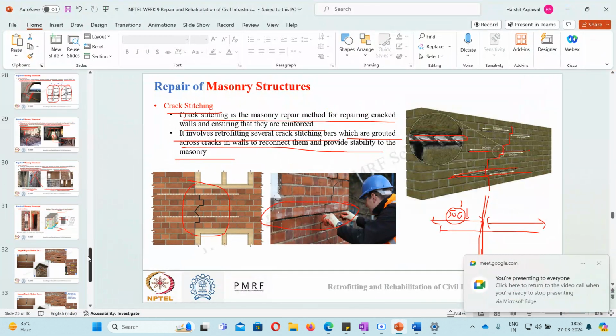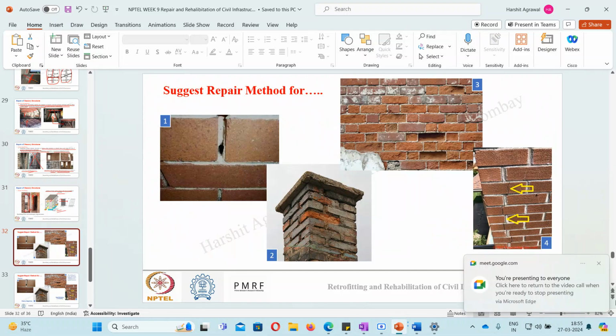By the time you are asking your queries, I will just move ahead. Let's see a problem where we are presented with a few distress images and we need to suggest our opinion on the ideal way to repair these masonry damages. Those of you who have doubts can still write in the chat box, but for those who don't have any doubts, just try to look at these images and tell me in the comment section what kind of repair method you would go forward with for these masonry damages.